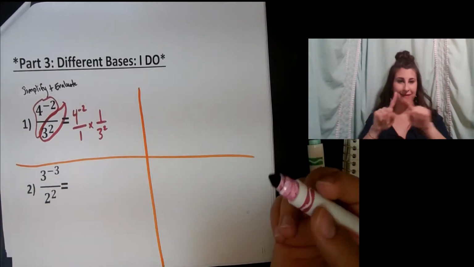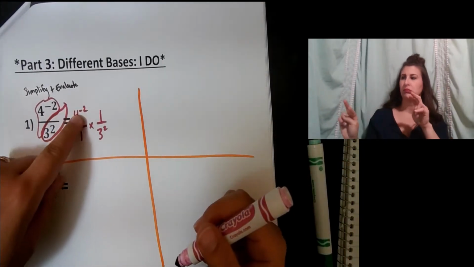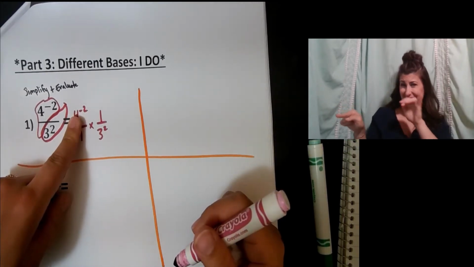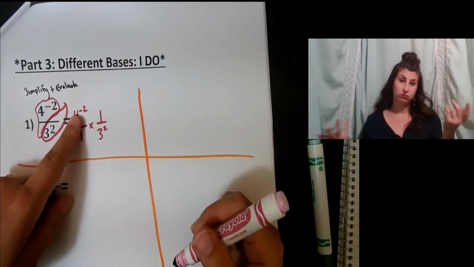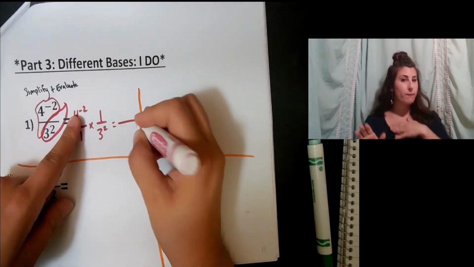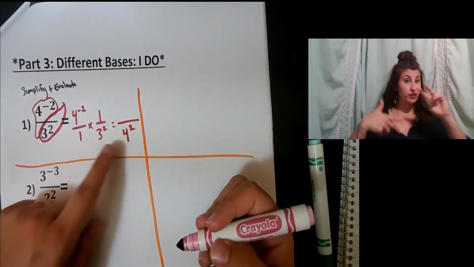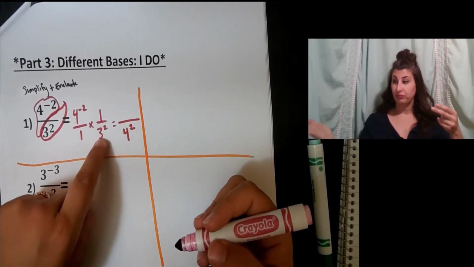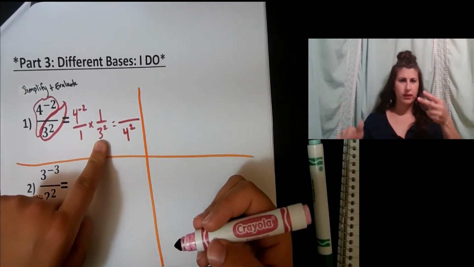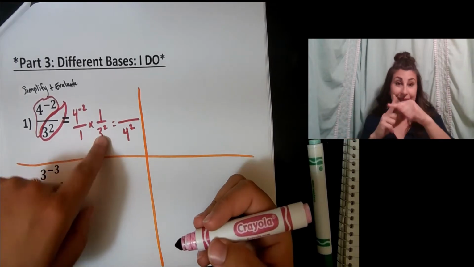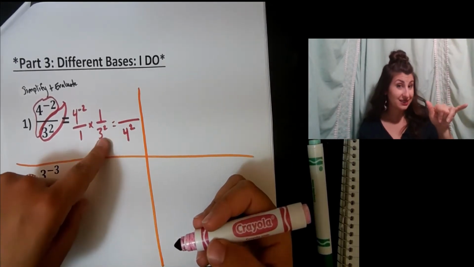Okay. So at this point I can say, okay, well, is this one going to stay or is it going to flip? Well, it's a negative exponent, so my answer is going to be at the bottom, and it's going to be positive once I flip it. Now here, is this going to stay or is it going to flip? Well, it's positive, so it's going to stay at the bottom.